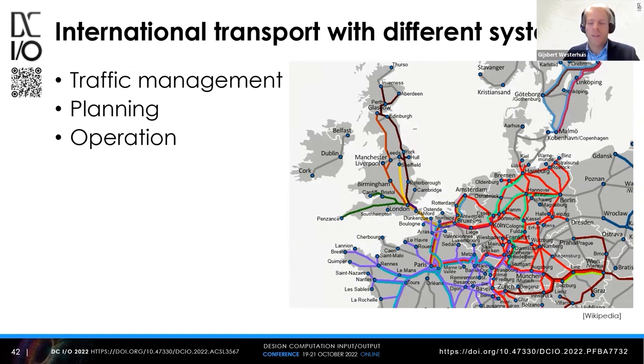The common language within Holland is Dutch for these kinds of systems. So if an operational person, a signaler, calls the train driver, it's just Dutch, and it's German within Germany, French within France. So that's just the case, and also a very big challenge.